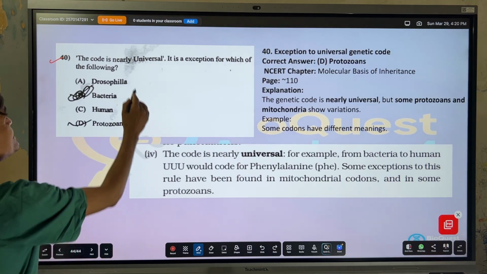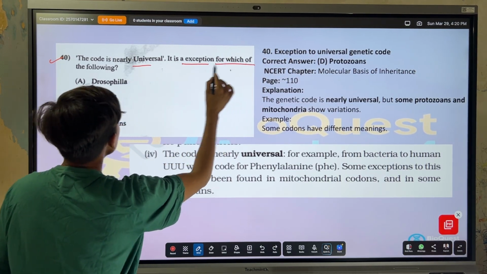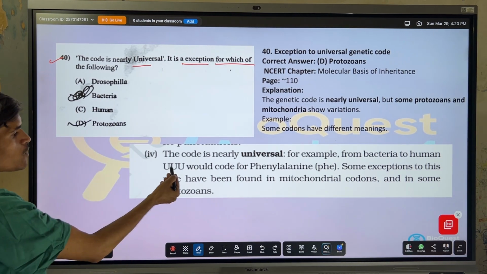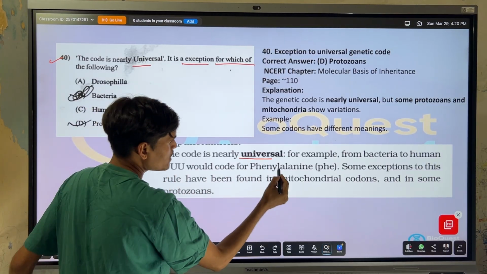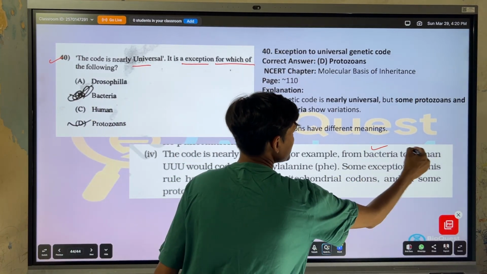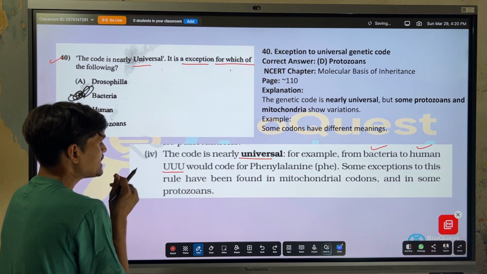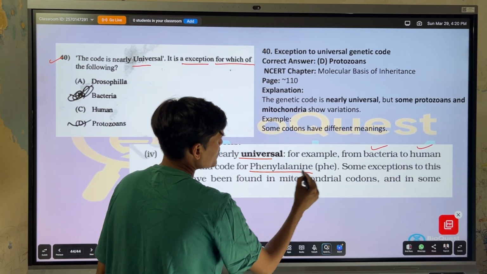Next question, question 40. The code is nearly universal. It has an exception for which of the following: Drosophila, bacteria, human and protozoa? Again from the textbook, the code is nearly universal. For example, from bacteria to human, UUU, a triplet of nucleotides, would code for phenylalanine.